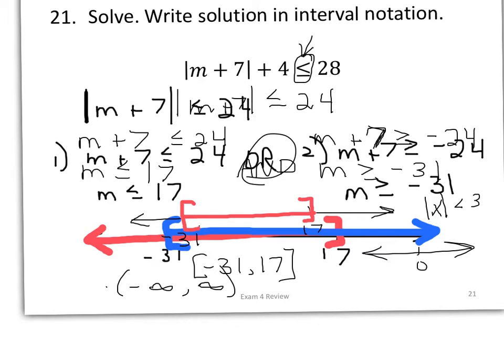And here's 0, here's 3, and here's negative 3. What you're saying is that x cannot be more than or equal to 3 units away from 0. So x has to be in this area or in this area. And so that's the same kind of scenario.